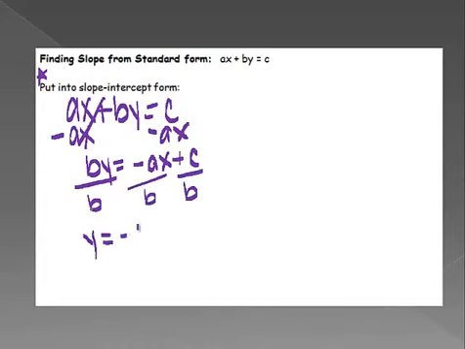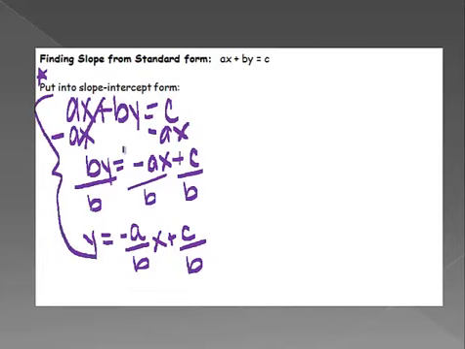And you would get y is equal to negative a over b x plus c over b. What I want you to realize is that in doing all this work, there's many chances for you to make a mistake. So what I want you to do is understand how to go from standard form into slope-intercept form without doing all this in-between stuff.